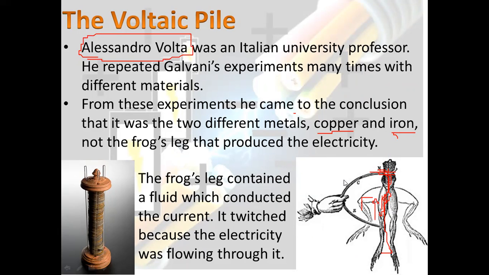They move up and down. And we know this is happening because there's a fluid in the legs of the frog. That fluid helps the electricity get conducted. This is the same fluid that we have in our body, which helps us to move our muscles up and down as well. We let them contract and we let them relax because of these fluids.